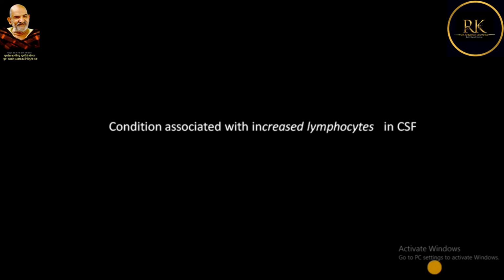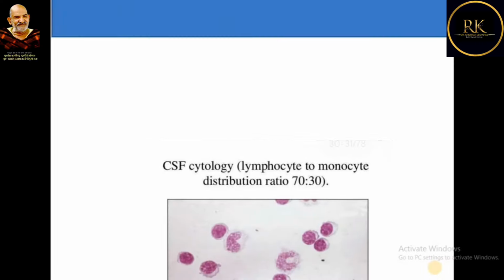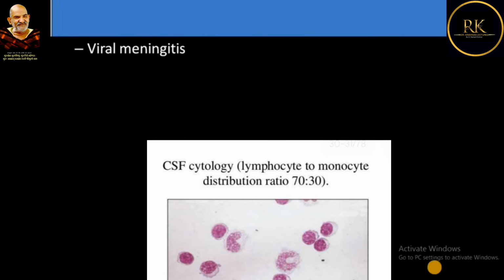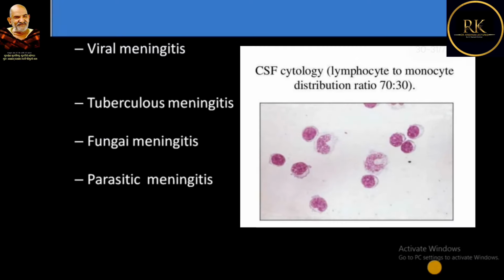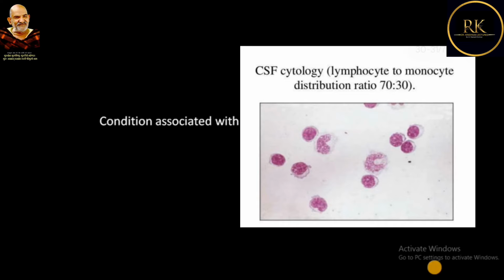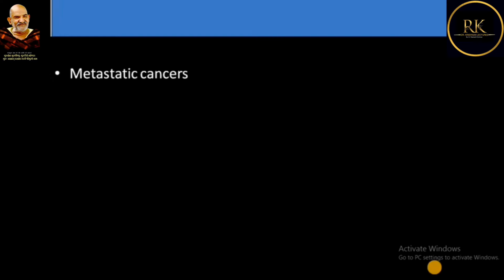The causes include viral meningitis, tubercular meningitis, fungal meningitis, parasitic meningitis. The conditions associated with increased malignant cells in CSF. It includes metastatic cancers, leukemia, lymphoma, medulloblastoma, and ependymoma.